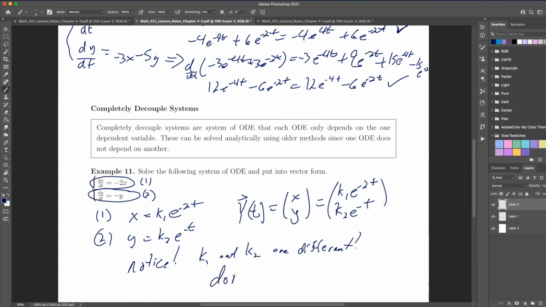Usually when you have two constants, you multiply or add them together, you'll think, oh, I can just combine these. Don't do that right now because it might lead to problems. When you produce this, every time you're going to get a different constant, and you don't want to combine them right now. Okay, so that's the end of this page.